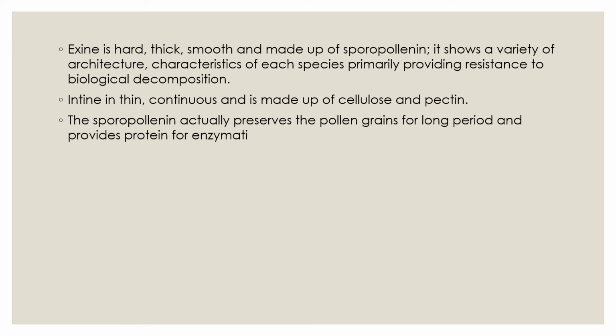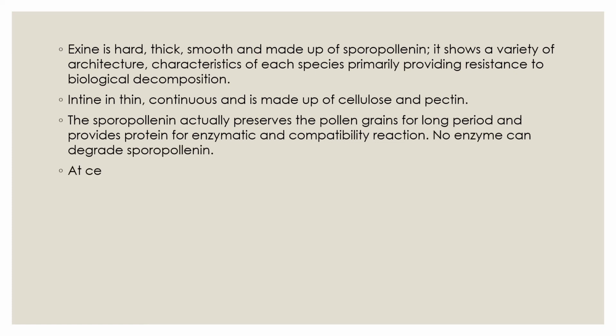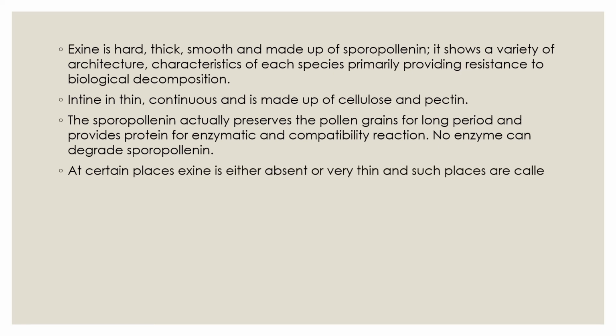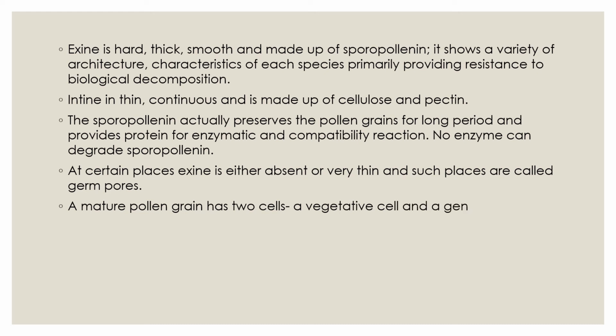Basically, sporopollenin preserves the pollen grains for a long period and provides protein for enzymatic and compatibility reactions. No enzyme can degrade sporopollenin. At certain places, exine is either absent or very thin, and such places are called germ pores.